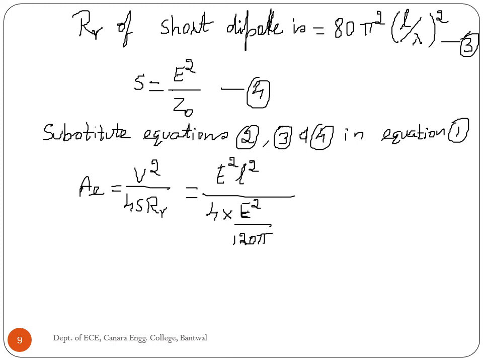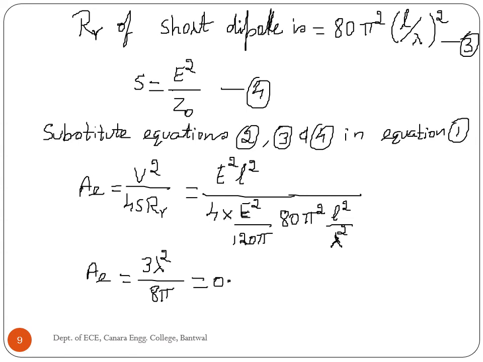Our radiation resistance of short dipole is 80 pi square L square divided by lambda square. It is equal to 3 lambda square divided by 8 pi, which is equal to 0.119 lambda square. So effective aperture of short dipole is 0.119 lambda square.